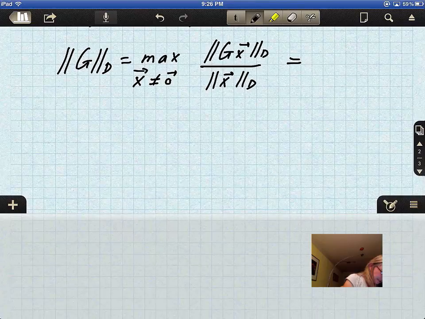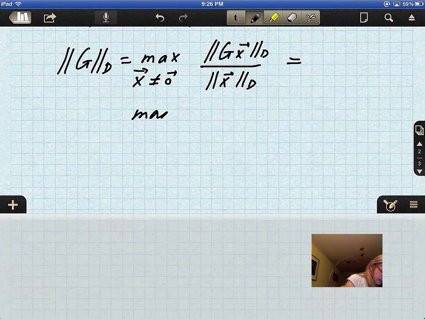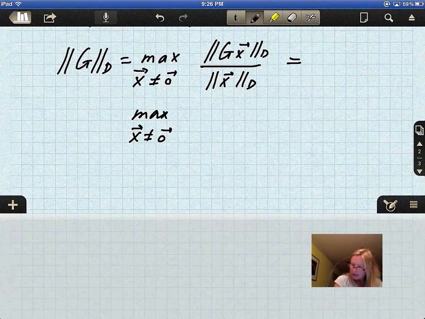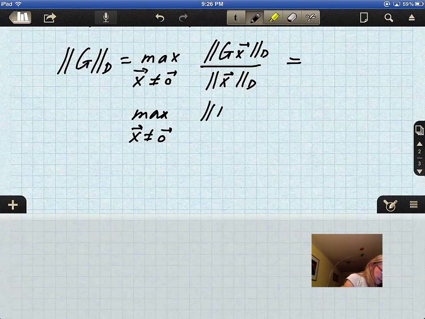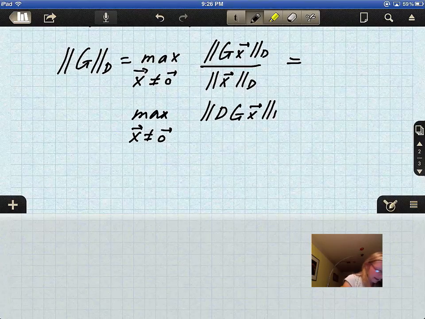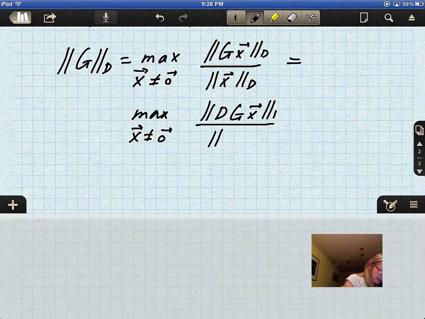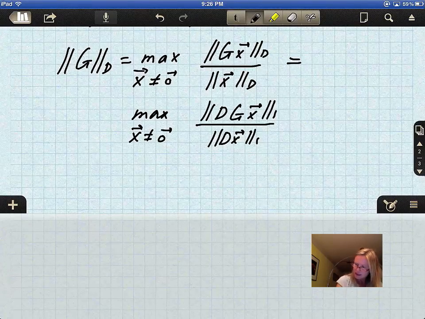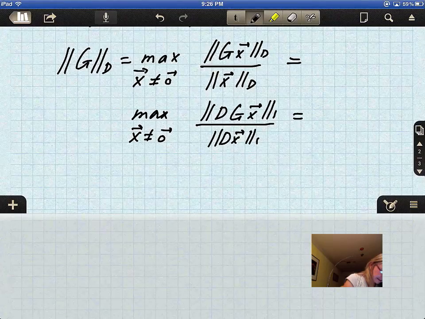So this is the max over all x not equal to 0 of the one norm of D G x, divided by the one norm of D x, like this. And we can write this again a little bit differently.